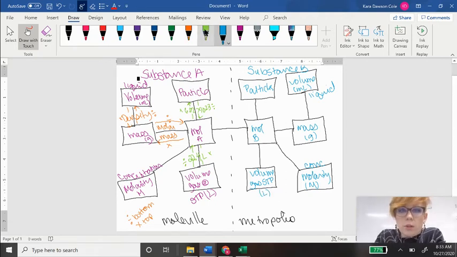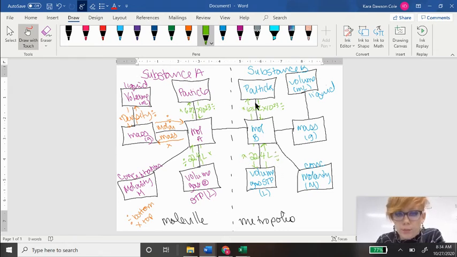Okay. So I put in green the things that don't change because it doesn't matter what substance I have. 6.02 times 10 to the 23rd is always going to be the number that we use to get to the particles or to get out of the particles. We know that a mole is equal to that. Half the time we're not going to go through the particle information. And then 22.4 liters is not substance specific either. As long as we have a gas, 22.4 liters is the number that we use.